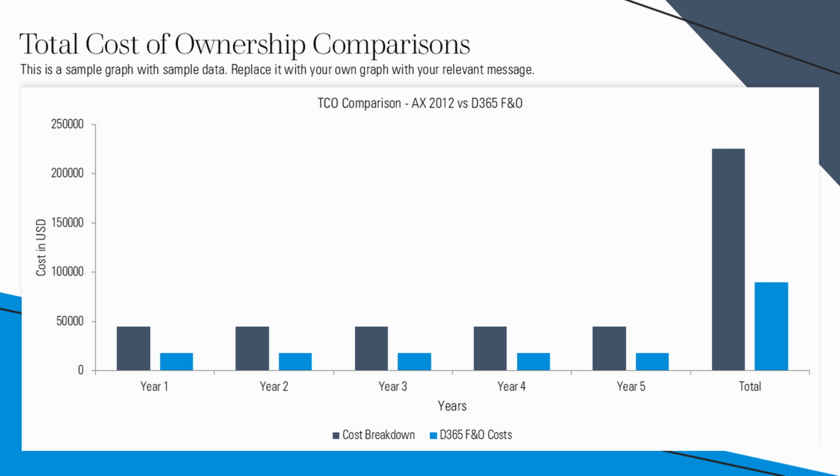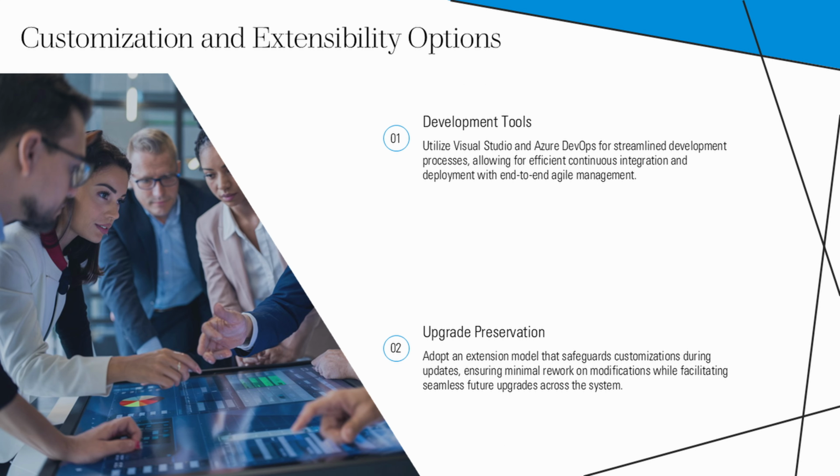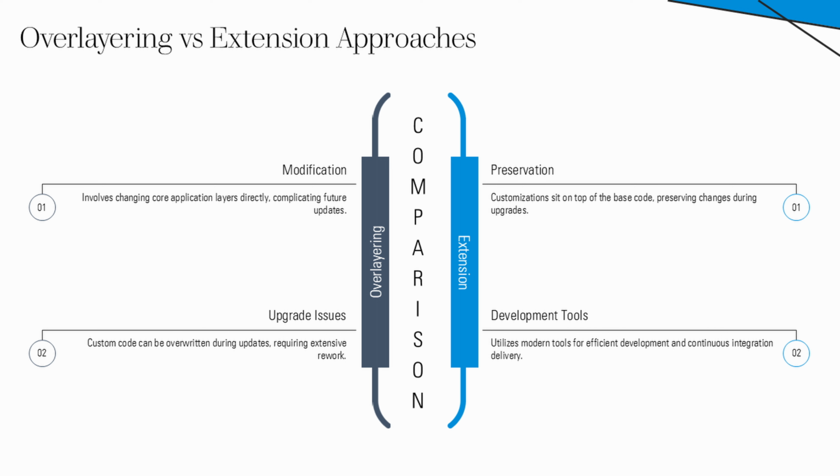Licensing and cost structures. Subscription versus perpetual licensing. AX 2012 R2 follows a perpetual licensing model requiring upfront payments for server licenses and client access licenses, or CALs. For example, a single AX server license costs approximately $240 with additional CALs priced per user. Conversely, D365 FNO uses a subscription-based model that charges per user, device, or tenant.